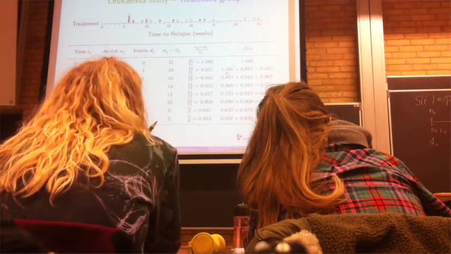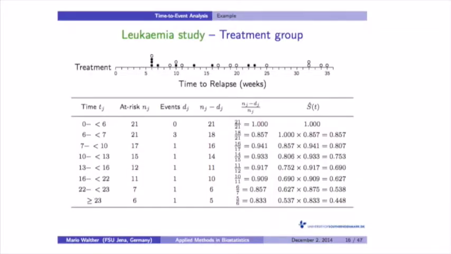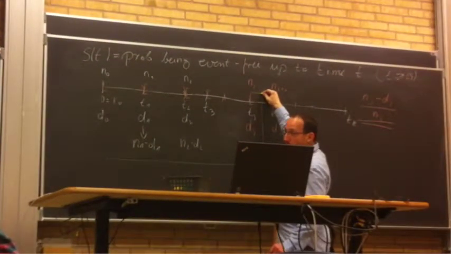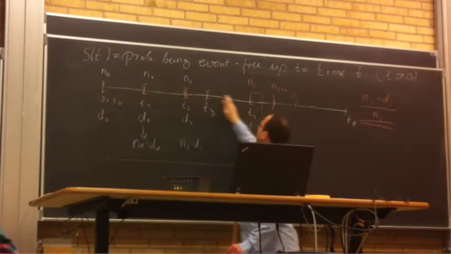Maybe you are interested here in survival probability of being event-free up to this time. What you do by calculating the conditional probability is you calculate the probability of being event-free within this time interval, given being event-free up to this time interval.